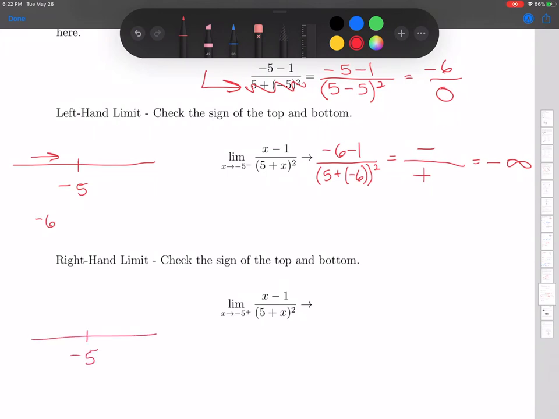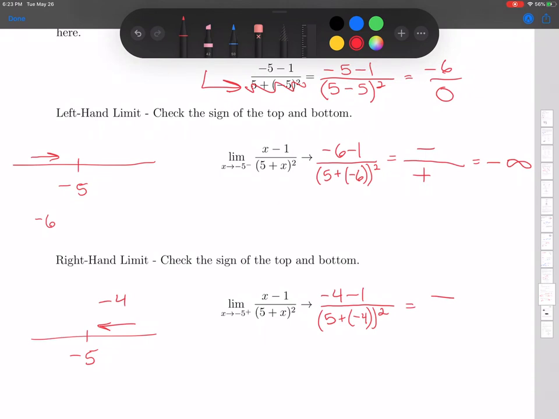Now let's do a right-hand side limit. So we want to do the same thing, choose something from the right-hand side of negative 5. So we'd be coming in this way, and you guys could choose maybe negative 4. How about that? So if I plug negative 4 in, that means I'd have negative 4 minus 1. The outcome on top is always going to be negative. And then on the bottom, if we chose negative 4, 5 plus a negative 4, we are always going to square this.